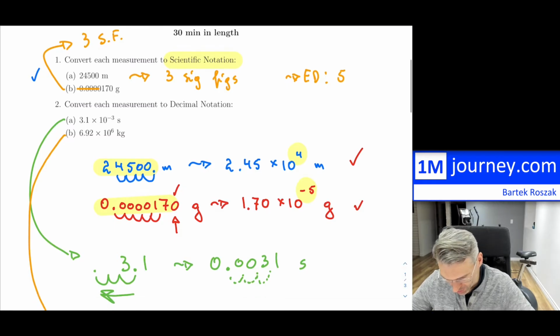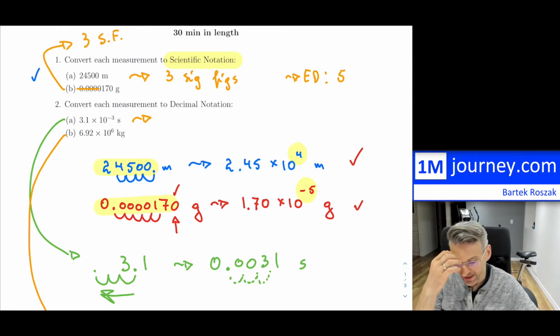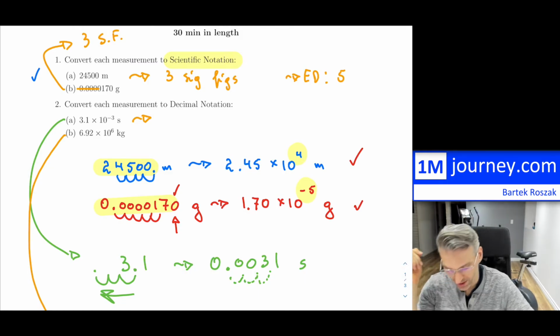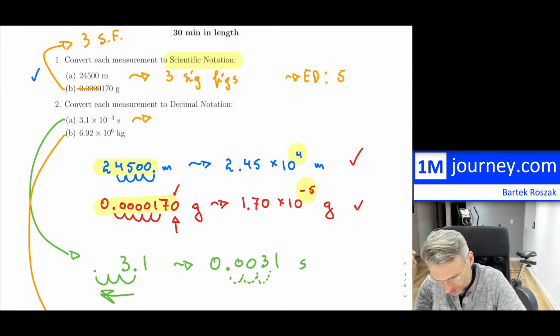For question number 2, if we want to know significant figures when it's in scientific notation, it's actually very easy to count sig figs because in scientific notation, the mantissa is all that you count. So basically, you don't count any of these. You're not going to be counting the times 10. Okay, all you're going to be looking at is these.